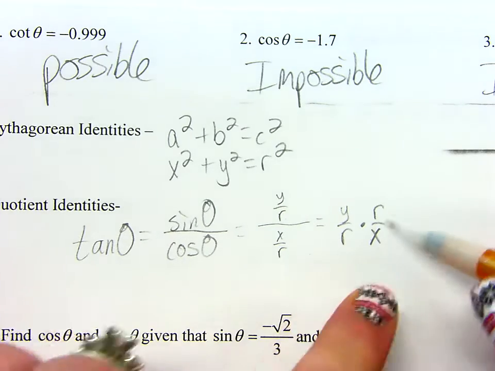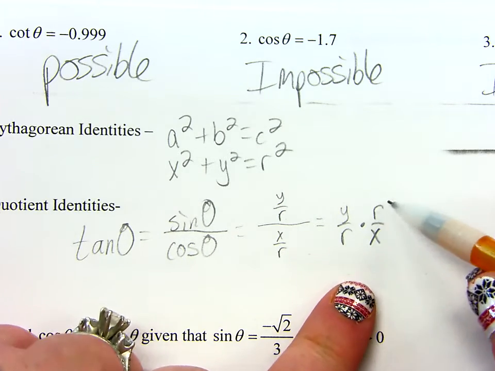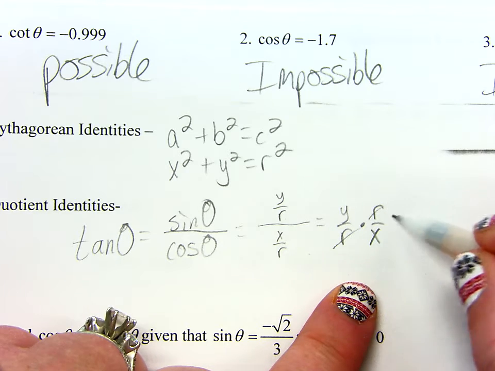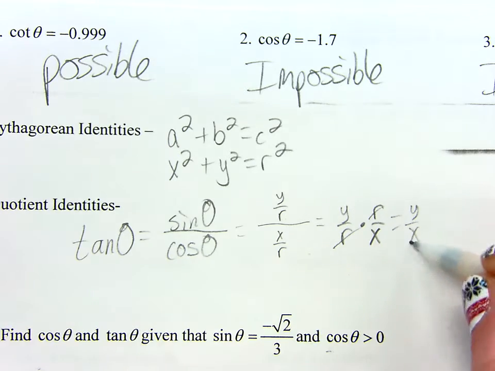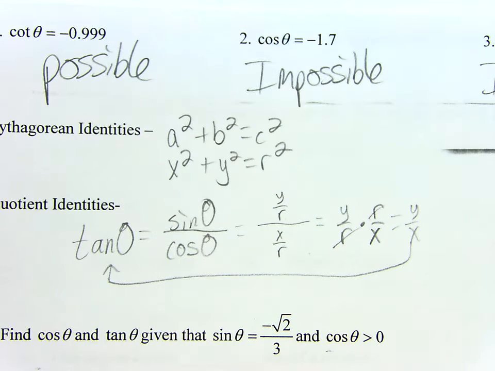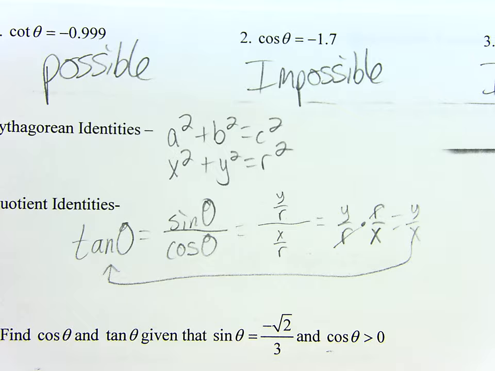So when I have this, what can I do with those r's? They just cancel out, and I'm left with y over x, which is tangent. How cool! So if you divide sine by cosine of a given angle, you will always get the tangent of that angle. So that can come in handy.